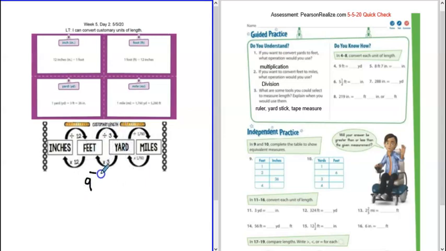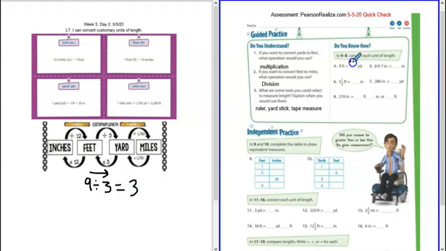All right, so we're moving this direction, which means we want to use division, and we're dividing by 3. So we're only moving that one place. We're only going from feet to yards. So we take 9 divided by 3 and we get 3, which means that 9 feet is equal to 3 yards.